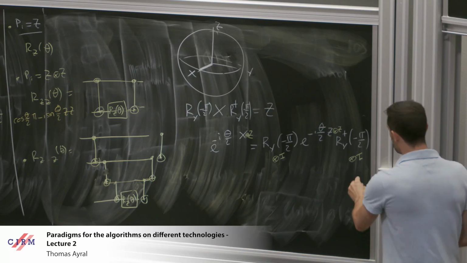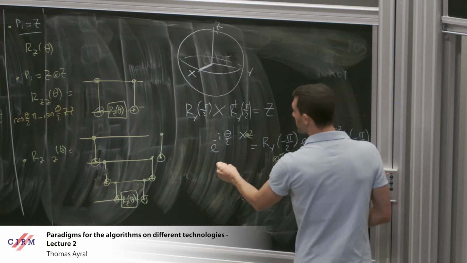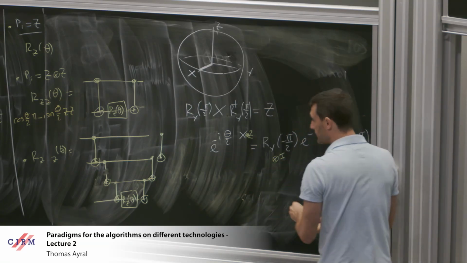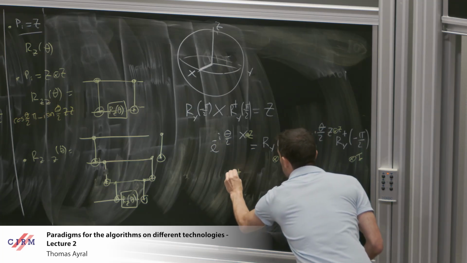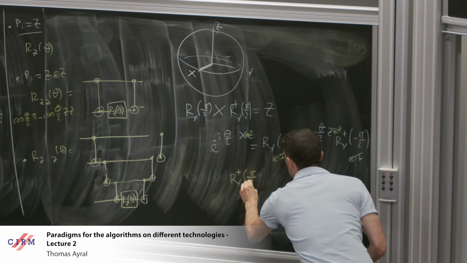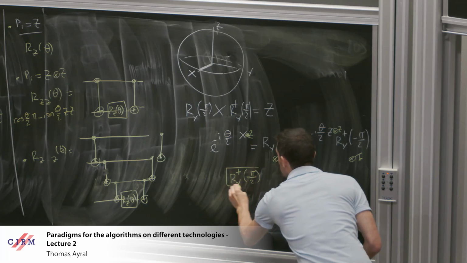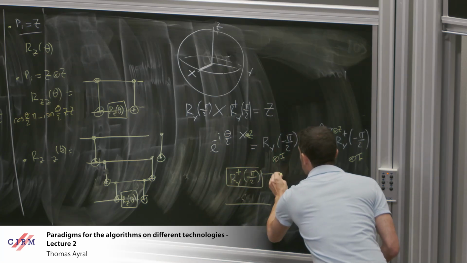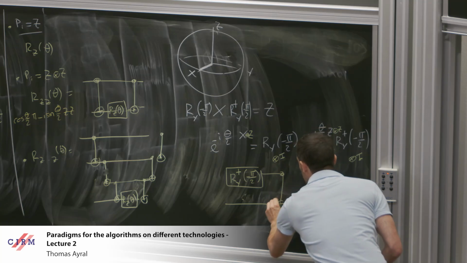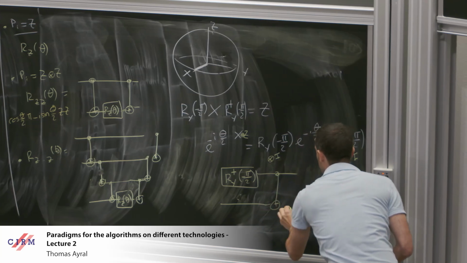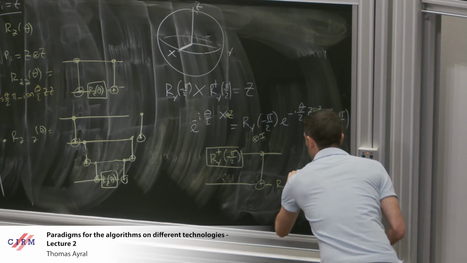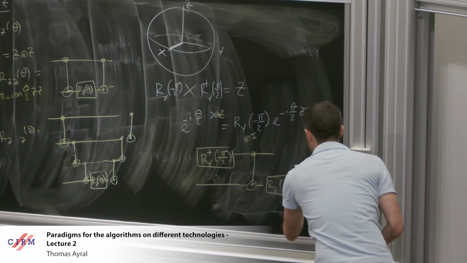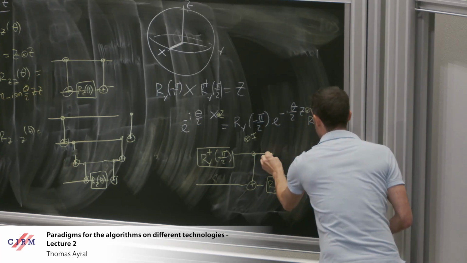So in other words, to implement a rotation XZ, what I need is a circuit that looks like that. So first I do ry dagger minus pi half on the first qubit. The second one I do nothing. Then I do the CNOT, then I do rz of theta. And then I do my CNOT gates back.